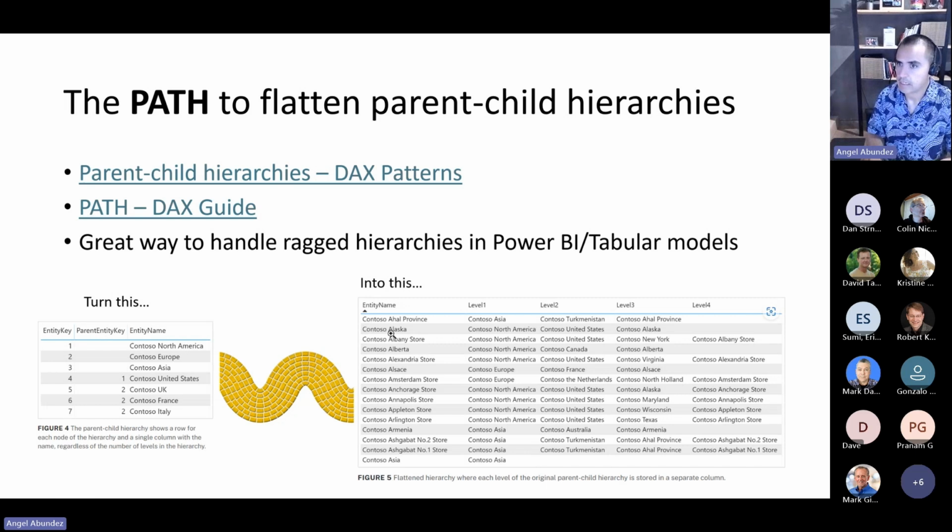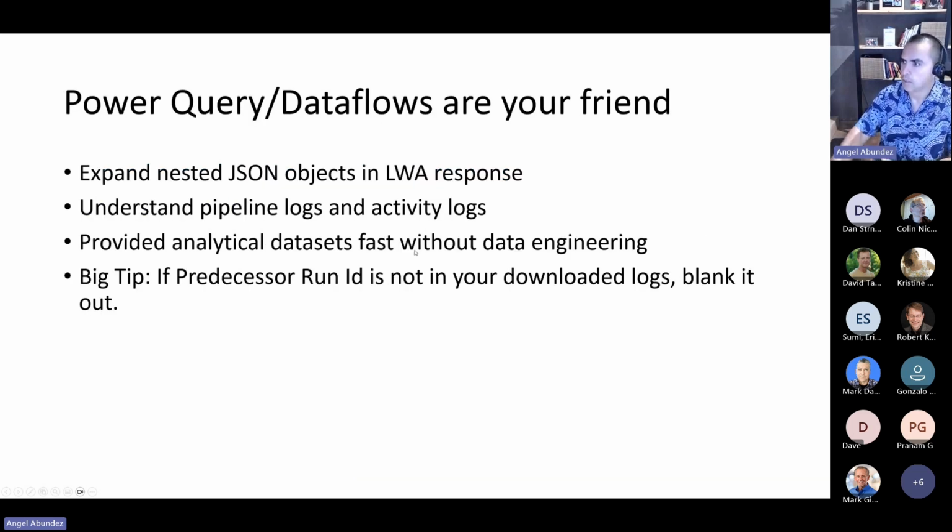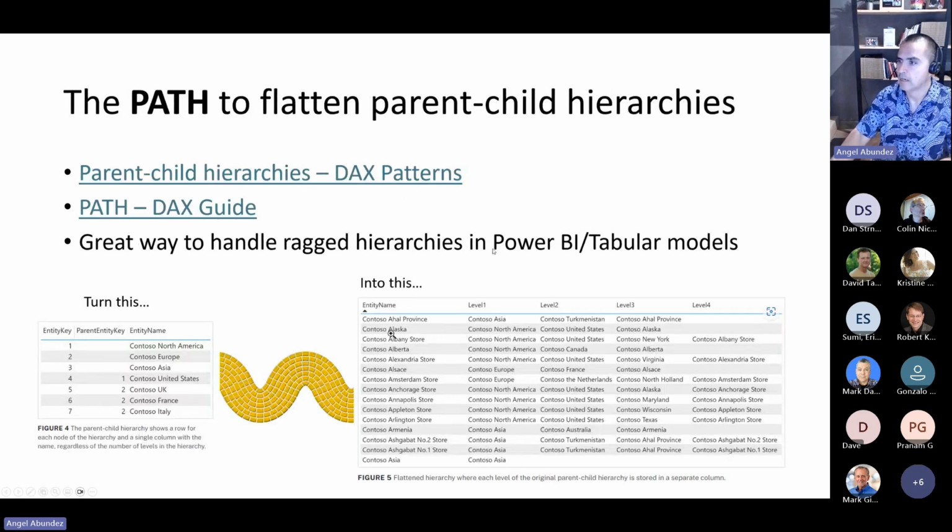So it's a very, very handy function to take what looks like this and follow the yellow brick road and turn it into this, a nice flattened hierarchy that you could then search for level 1s, or maybe you're interested in level 4s, etc. It's a great way to handle ragged hierarchies, and I think it is the way you would handle these types of hierarchies in Power BI or tabular models.